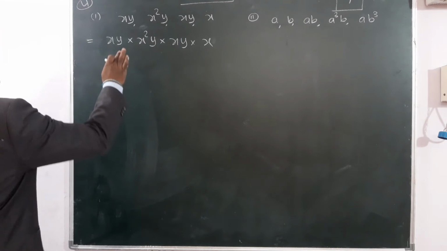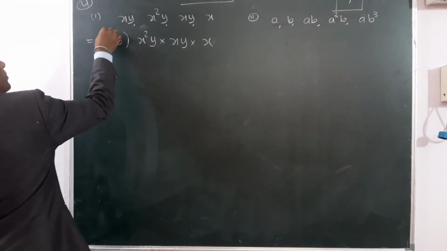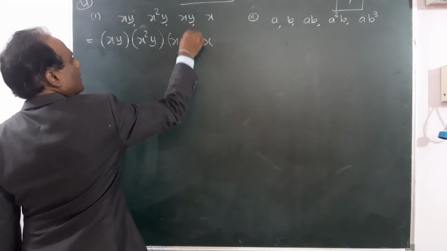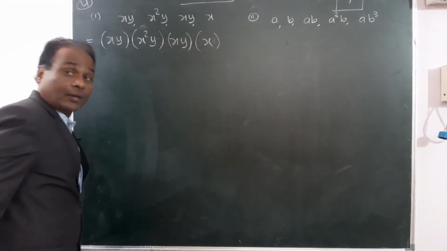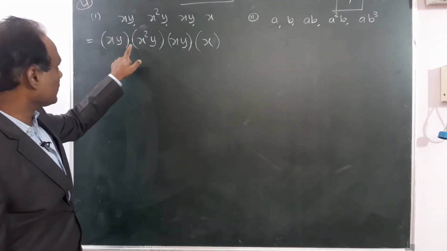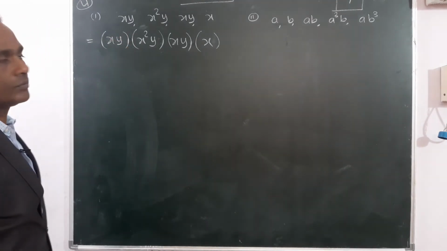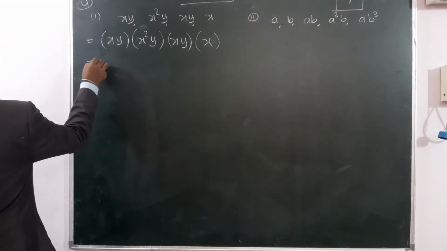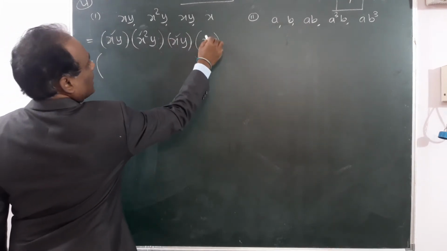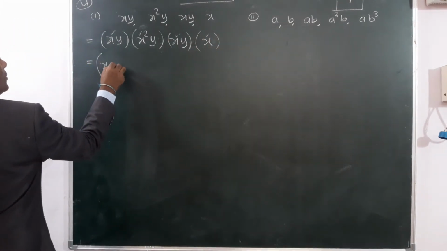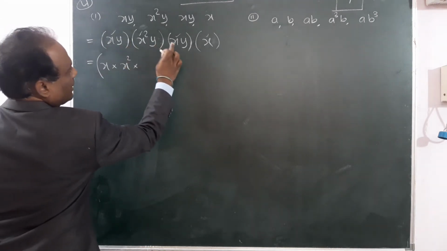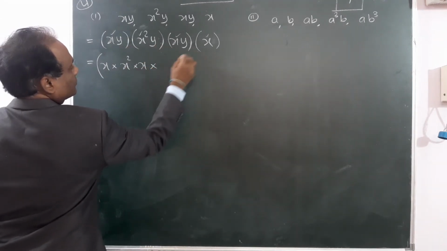So if you have any confusion, instead of multiplication you can write brackets also. Writing the brackets or the multiplication symbol, both are the same. Bracket means it is multiplication only. Now, all x terms I will write in a separate bracket: x, x square, x, x.